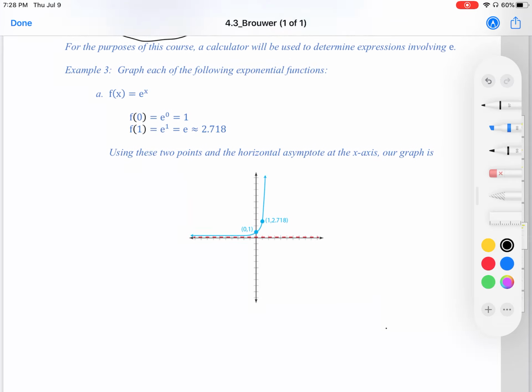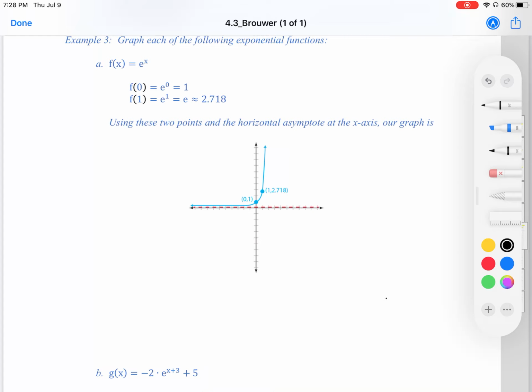Example 3. Let's graph the following exponential function. To begin, what's our horizontal asymptote? We don't have a number on the side, right? So we have a horizontal asymptote at y equals 0. And now let's pick some more points. Let's choose the exponent to be 0 and then 1. E to the 0 power is 1, so we have the point 0, 1.